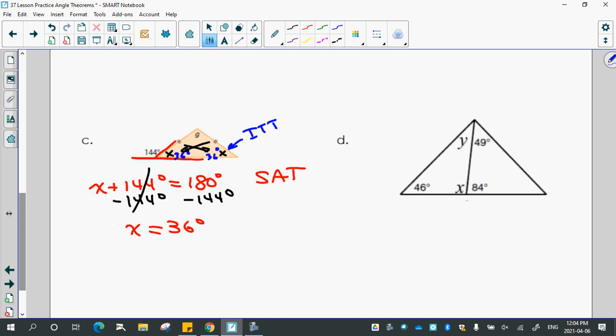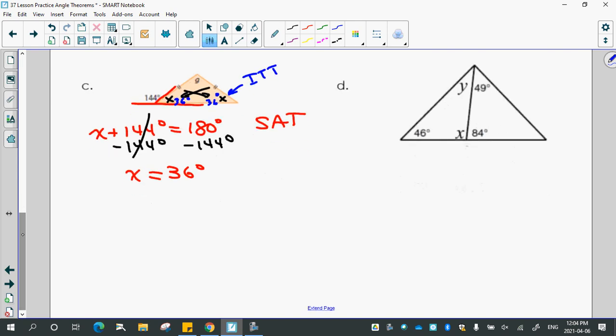So now that I know those two angles at the bottom of the triangle are 36, how can I get G and make an equation? Make an equation to get G. Perfect.